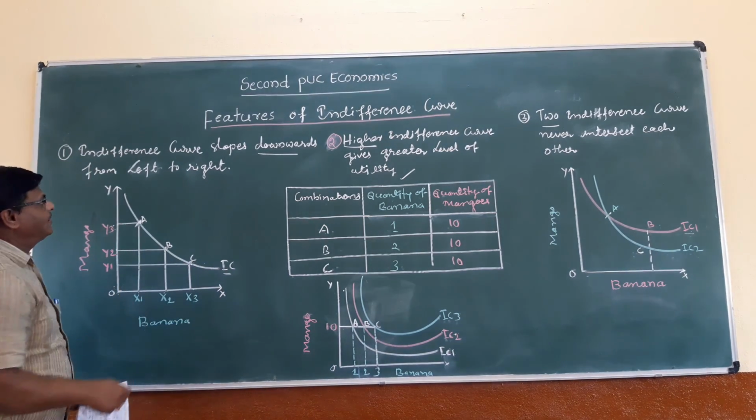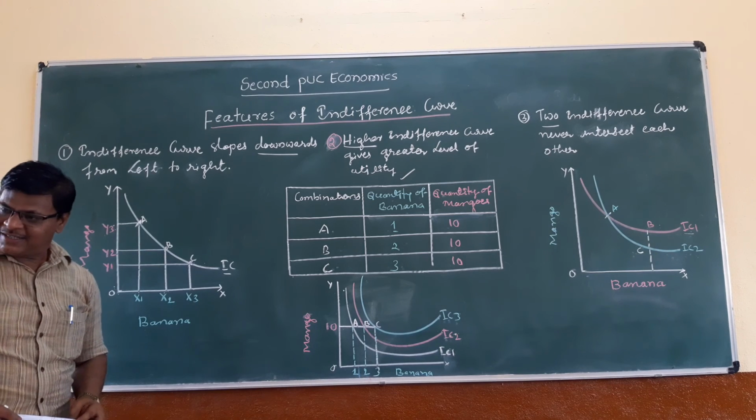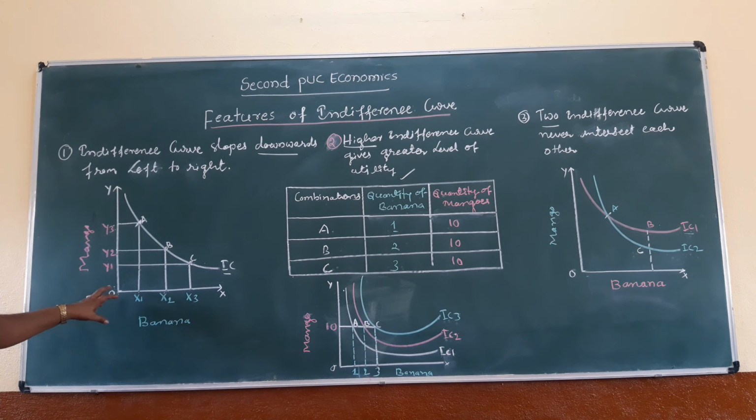In this diagram, we can understand that at point A, which is on the IC curve, the combination X1 and Y3 gives a certain level of satisfaction to the consumer.